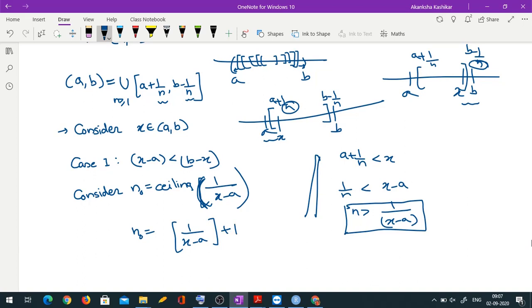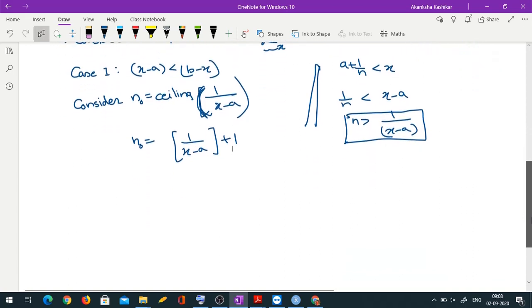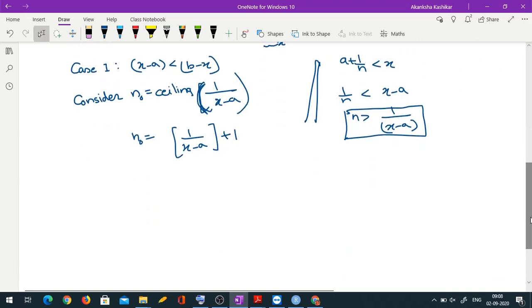So n naught is the smallest integer just greater than 1 upon x minus A. Basically you are rounding up. So with this n naught, what I know is n naught is greater than 1 upon x minus A.